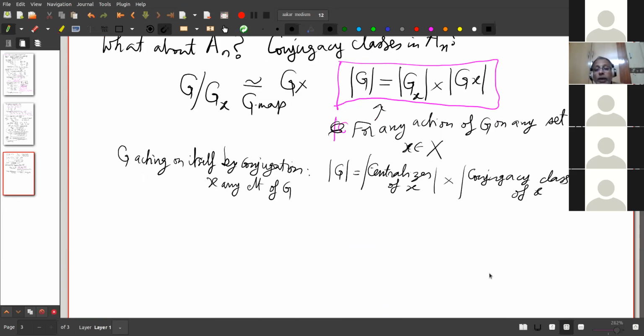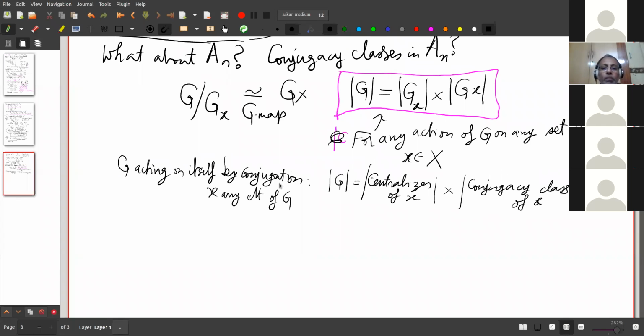In some other context, maybe the centralizer is the easier one and the conjugacy class is the more difficult one, right? So there are various ways of using this. This relationship between the stabilizer and the orbit is a very fundamental one in mathematics. That is the emphasis I want to make.